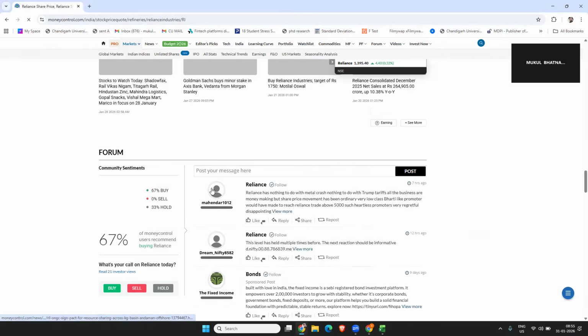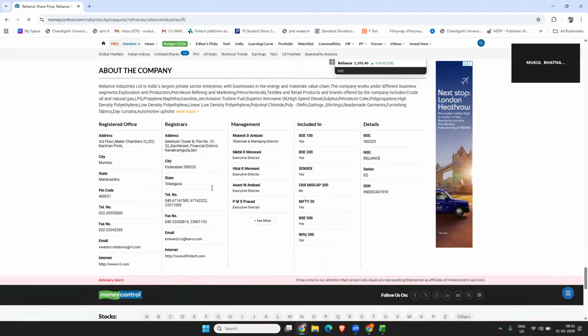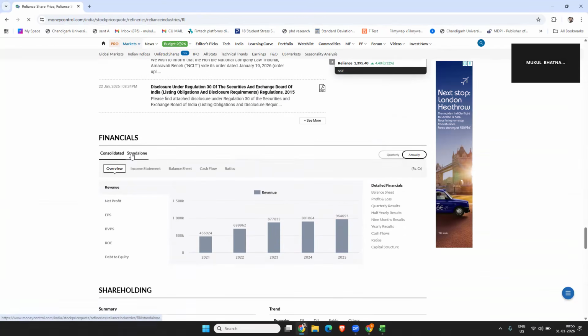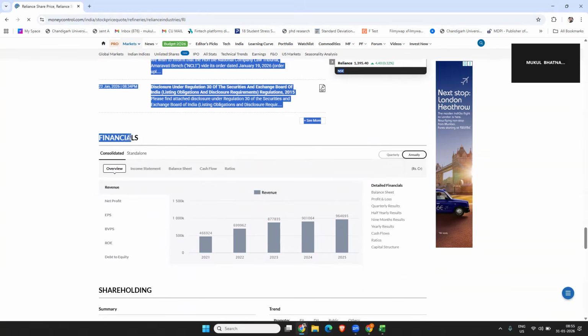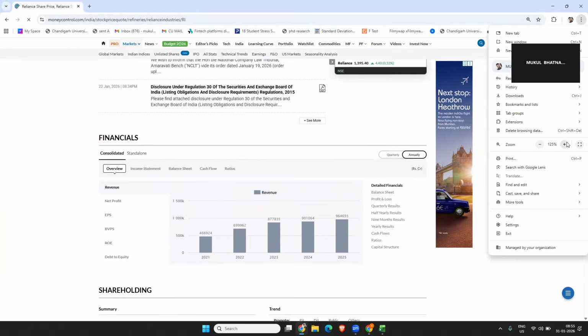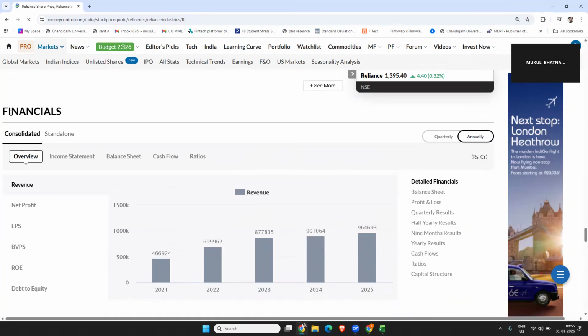So we need to scroll down and find financials here. So I'm scrolling down and here you can see that financials are written. So when you will look at the financial, here are the financial and on the right hand side, detailed financials are given to you. In detailed financials, click on profit and loss account.